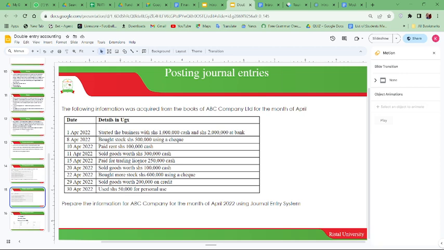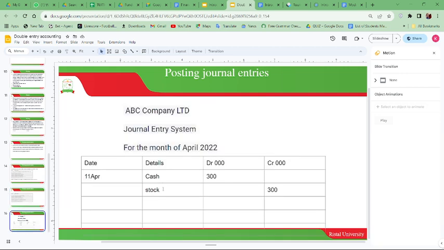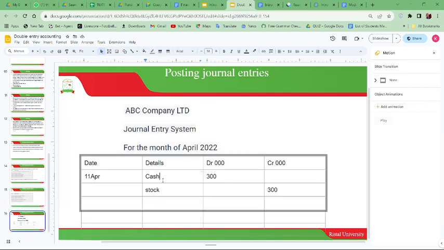Here we have the trading license account and then the cash account, which is losing. Then you use the short form, and the cash, 250, and here 250.